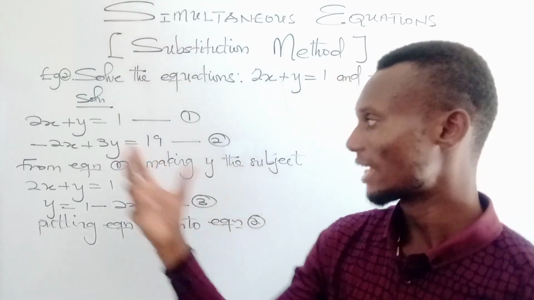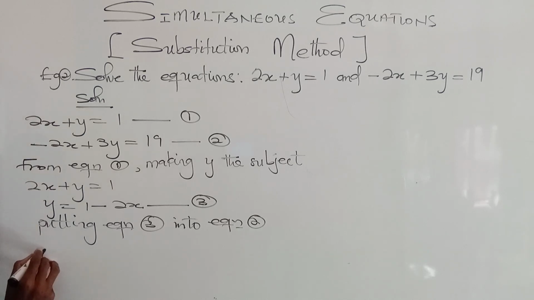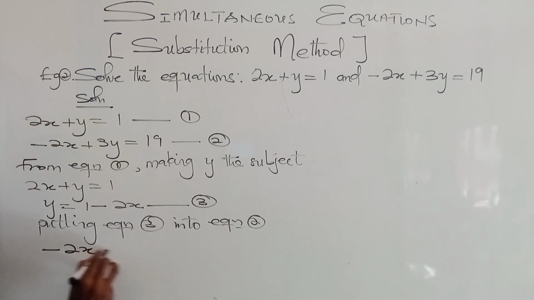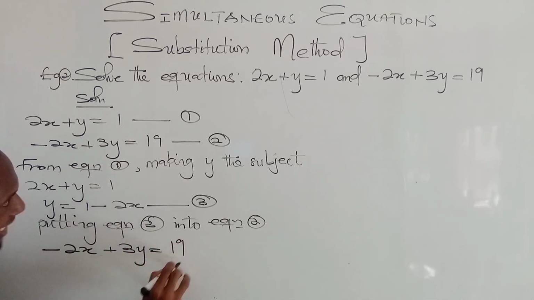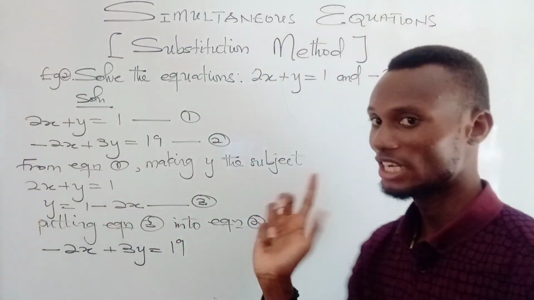Okay, so let me write equation 2 down. This is equation 2: minus 2s plus 3y equals 19. And we are going to put equation 3 into equation 2.